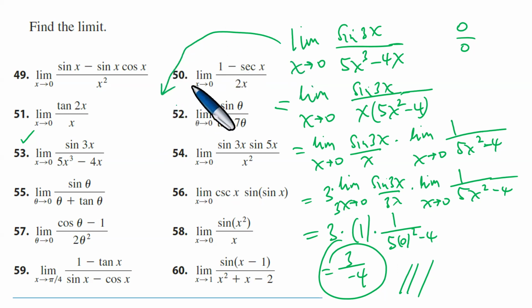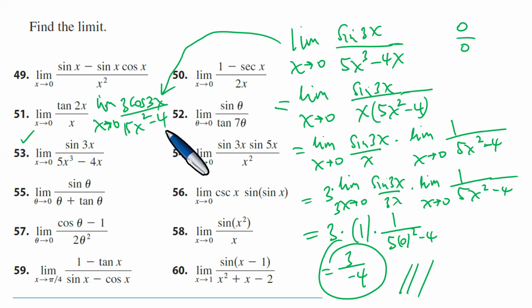But now, look, since it is 0 over 0, you can use L'Hopital's rule and take the limit as x approaches 0. The derivative of sine is cosine, so it's going to be 3 cosine 3x because of the 3x. The derivative of 3x is 3, divided by the derivative of the bottom, which is 15x squared minus 4.